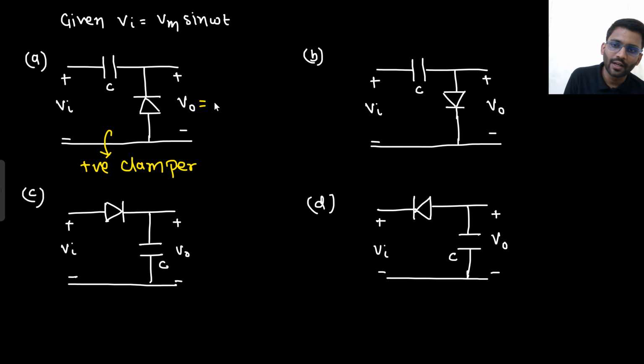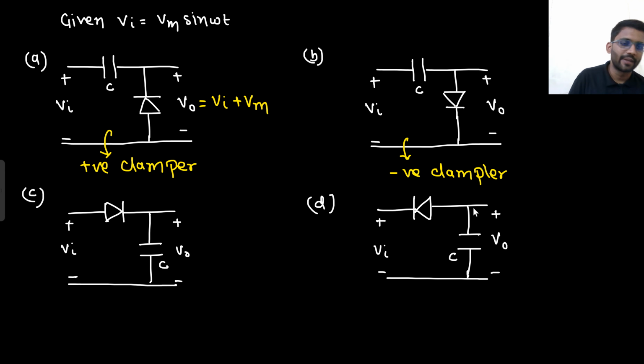And what will be the output? Output will be Vin plus Vm. It will shift the waveform upward. What is this? Arrow is downward. That means that is negative clamper. This is negative clamper. And what will happen? It will shift the waveform downward. So Vin minus Vm.